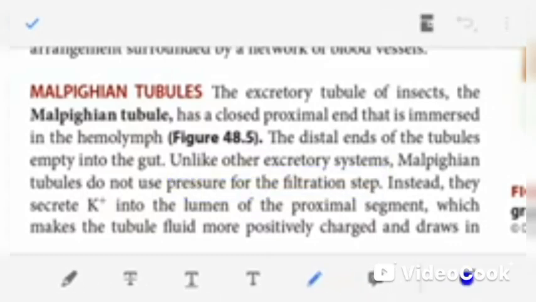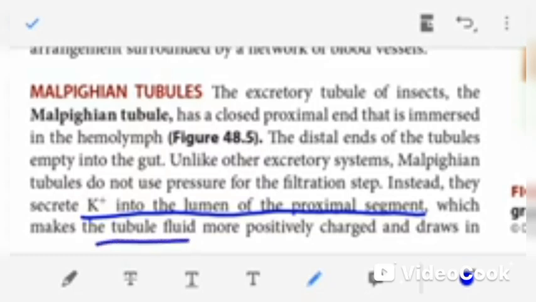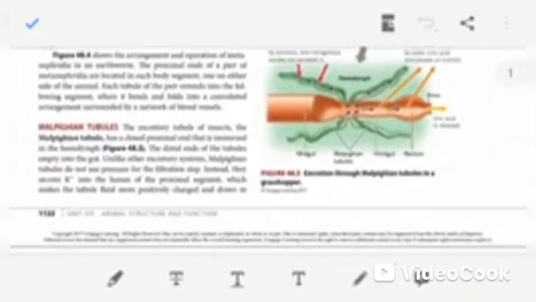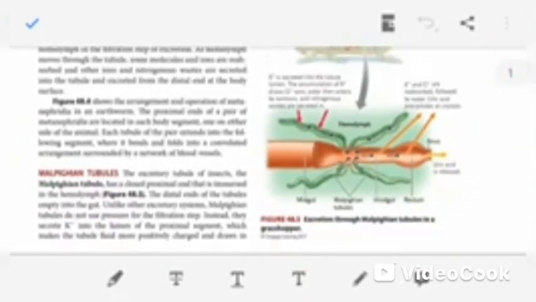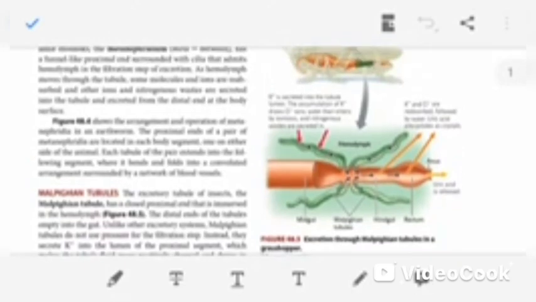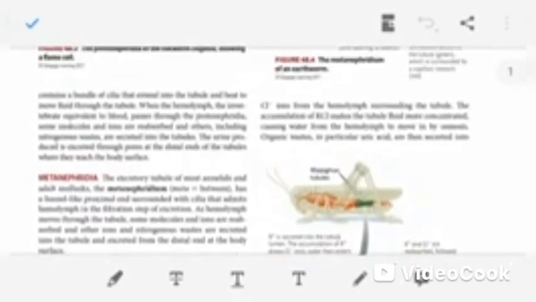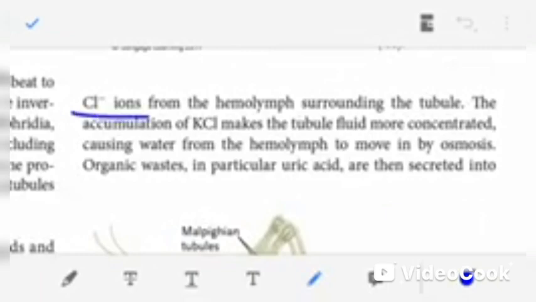First, from the hemolymph, K plus enters into the lumen of the proximal segment of the Malpighian tubule, and due to the entry of K plus, the tubular fluid becomes positively charged, so it is followed by the entry of Cl minus from the hemolymph.